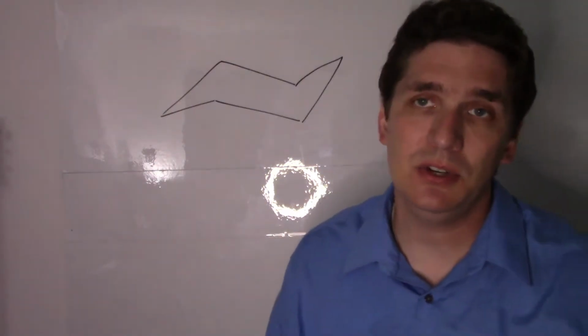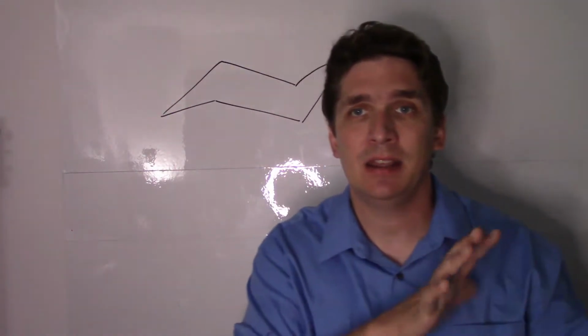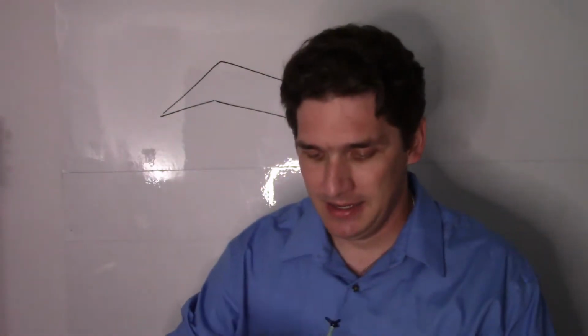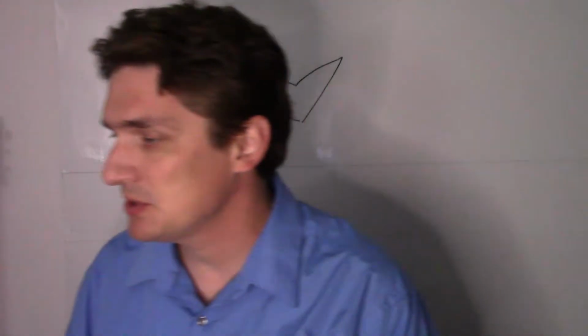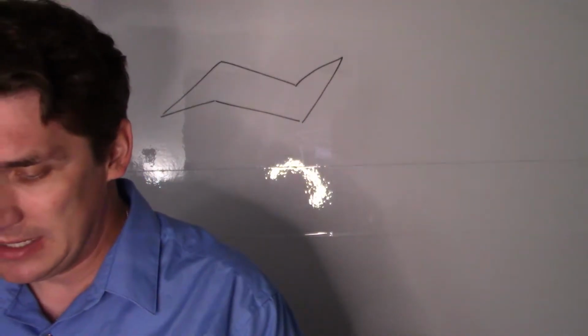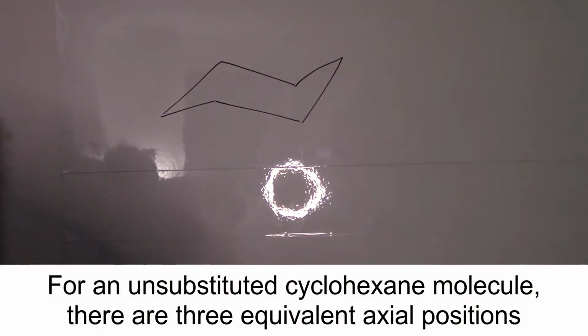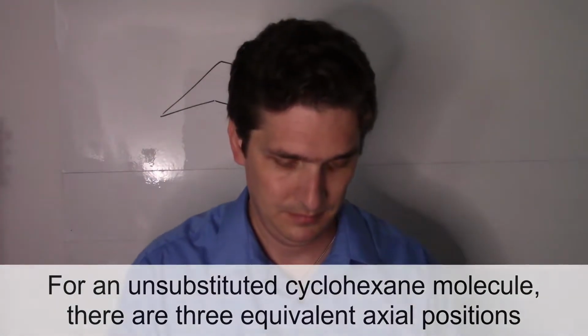This 2D projection comes from taking a light and projecting the light through the cyclohexane ring, and looking at the shadow you produce. If we look at a cyclohexane ring in the boat conformation, there are 3 axial positions that point up.